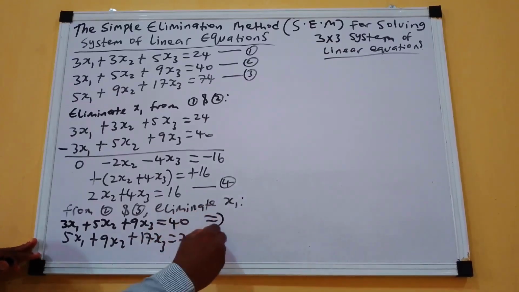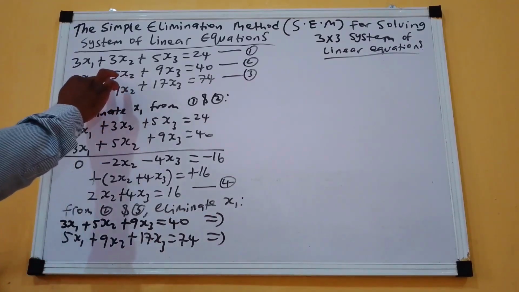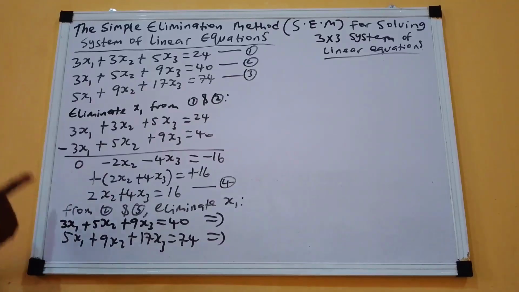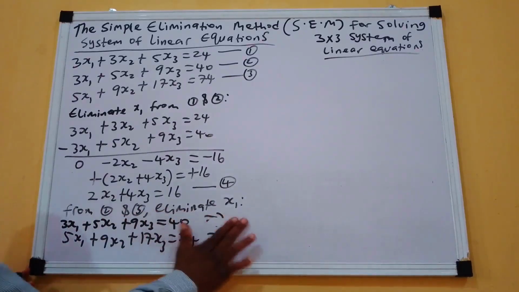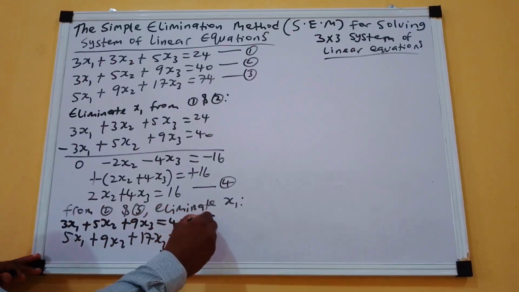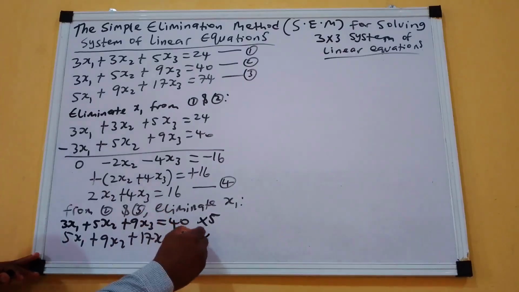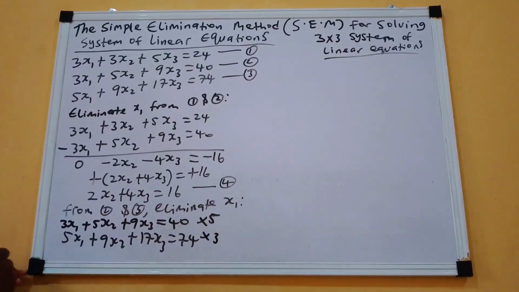Now you can see that x1 in equations 2 and 3 has different coefficients. So what we need to do, we multiply this one by 5, which is the coefficient of x1 in the second equation, then we multiply this one by 3, so that x1 in the two equations can have the same coefficient.